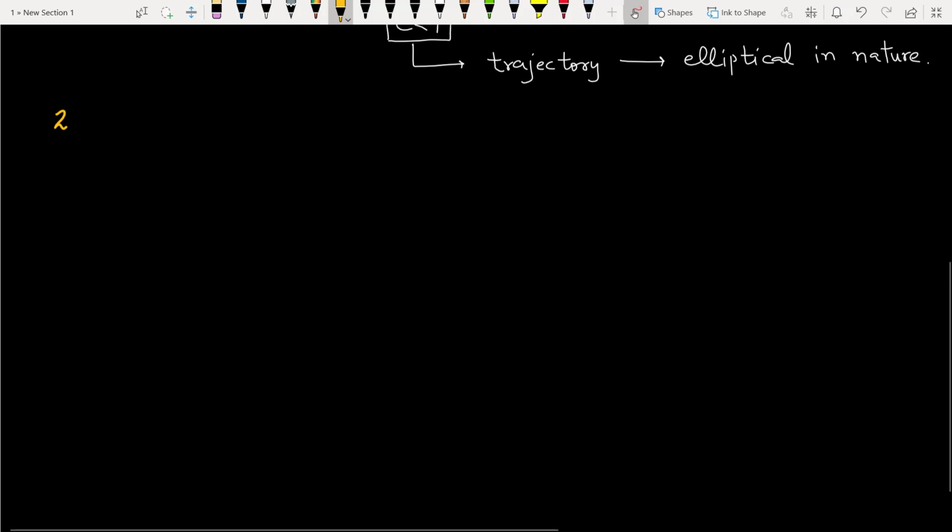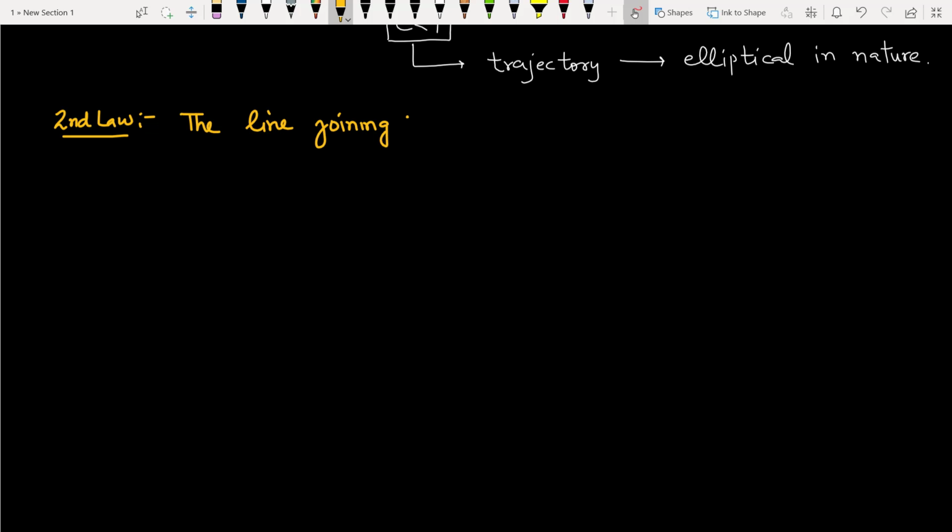Coming to the second law. In Kepler's second law, it is stated that the line joining the planet and Sun sweeps equal area in equal interval of time.